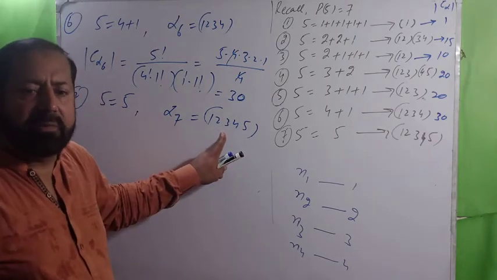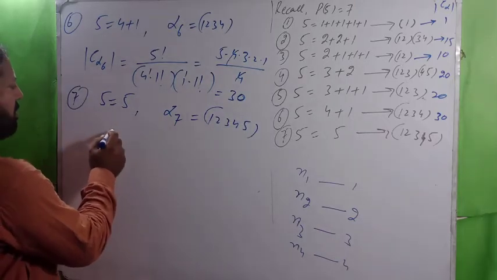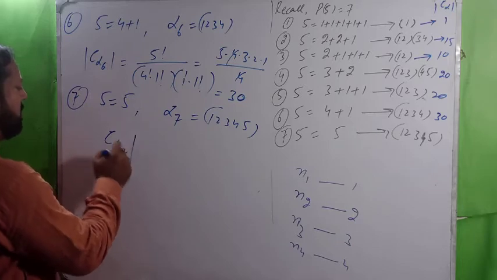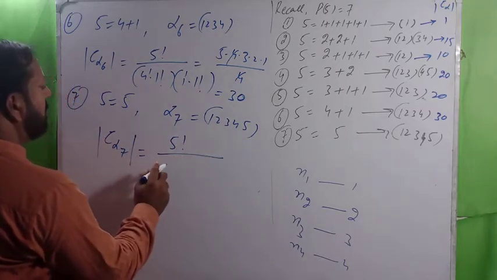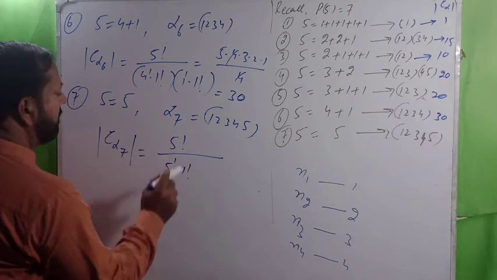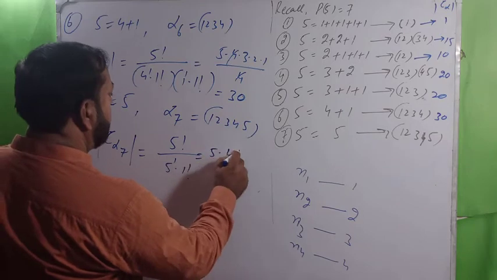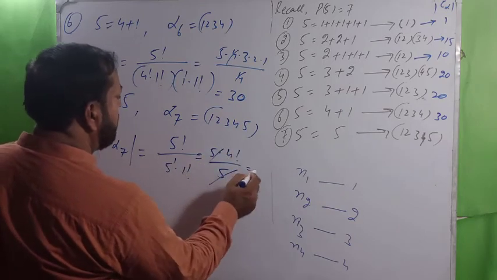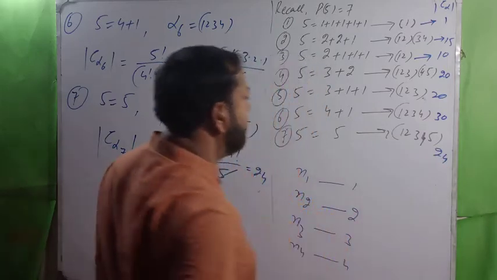You can find it with the help of the formula. C alpha 7 is 5 factorial over 5 power 1 into 1 factorial. So this is equal to 5 into 4 factorial over 5, these are cancelled, so 24. So there are 24 elements of this type.